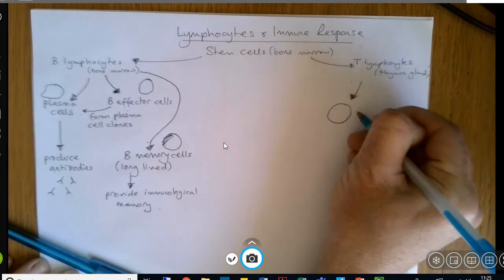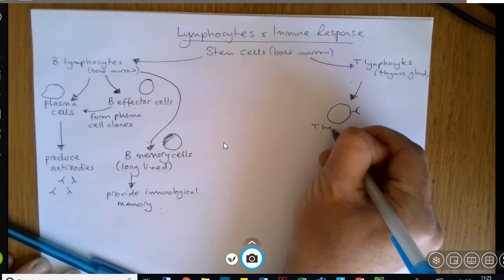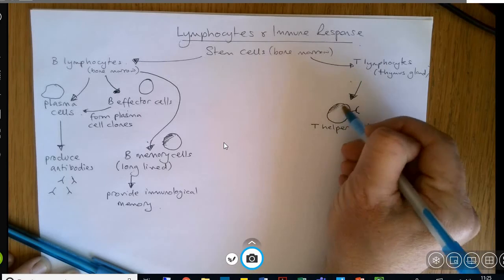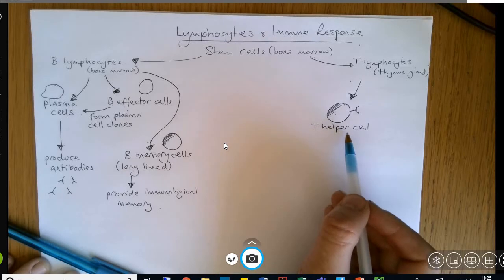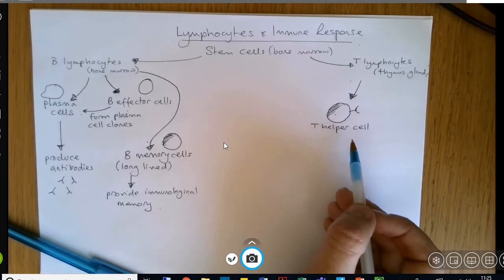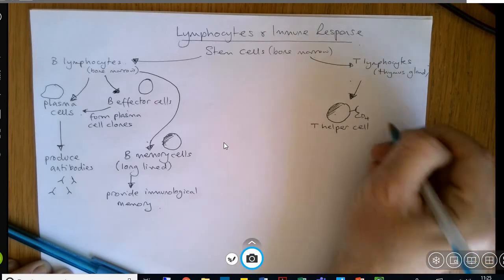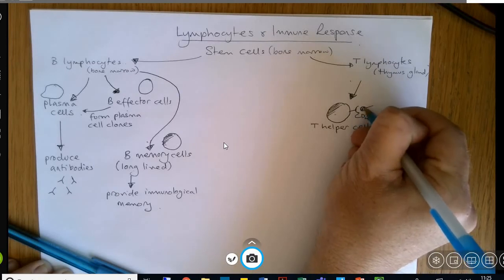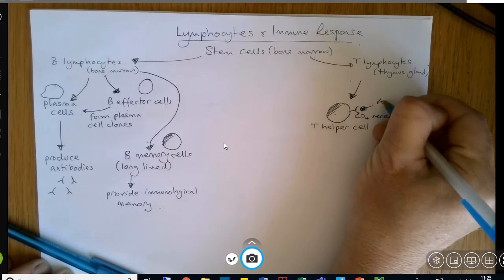So we have something called a T helper cell. And this T cell, as the name implies, helps a lot of other processes take place. The first thing it has is a receptor on here called the CD4 receptor. What that actually does is it binds to the surface antigen on an APC.